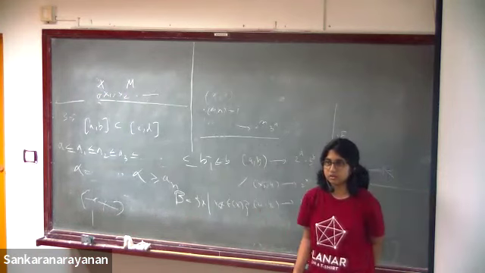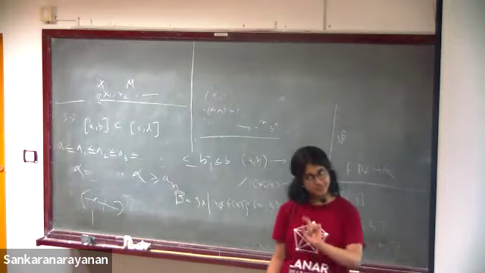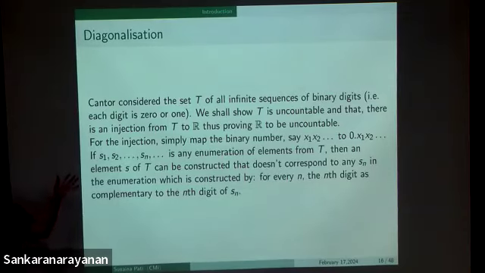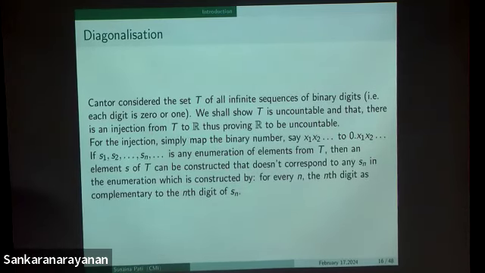It won't be a surjection, it would be an injection. And this will be a small subset of the real numbers. And if the small subset itself is uncountable, then the whole set will be uncountable. That follows. That's fine, right?